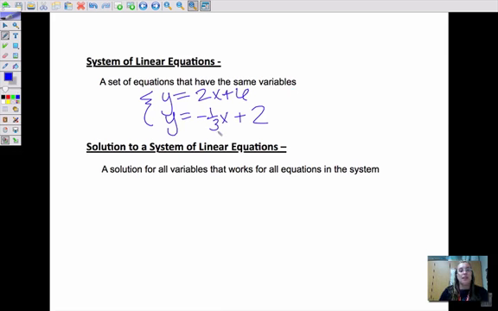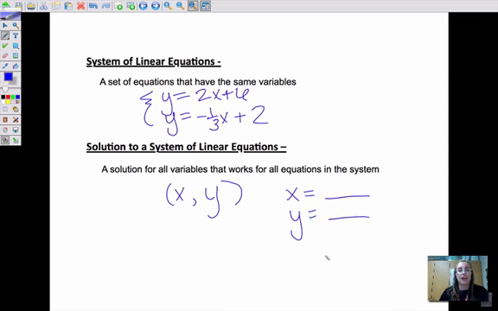Okay, and then a solution to a system of linear equations would be a solution for all variables that works for all equations in the system. So we're going to look at what that looks like here in a minute, but usually you would write that as either a coordinate point (x, y), or you would just say x equals something and y equals something.